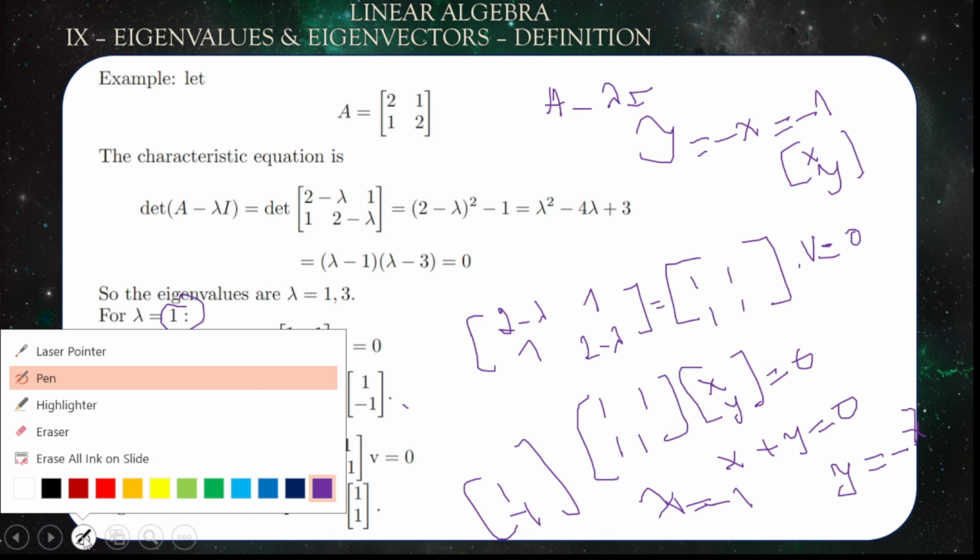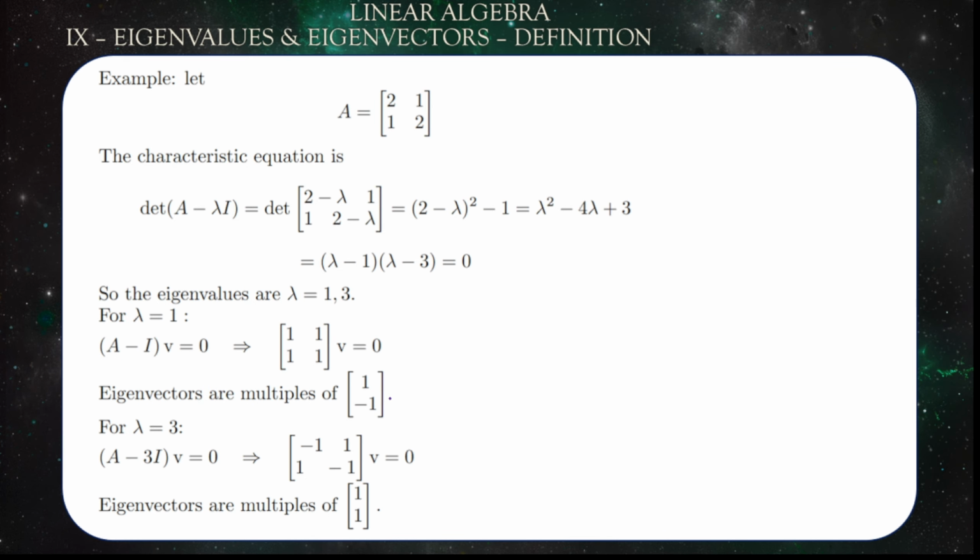Now let's check the second eigenvector. For lambda equal 3, we place it back in the first equation. So A minus 3I, because lambda is equal to 3, is 2 minus 3, which is minus 1, correct? 1, then 1, and 2 minus 3, which is minus 1.